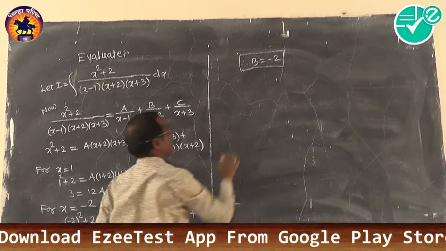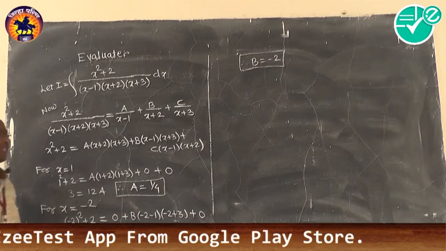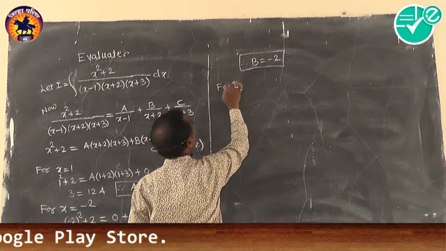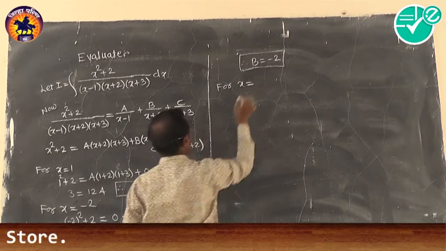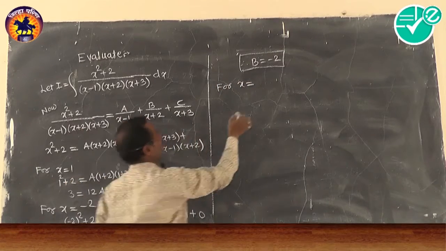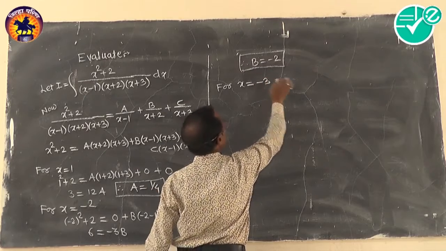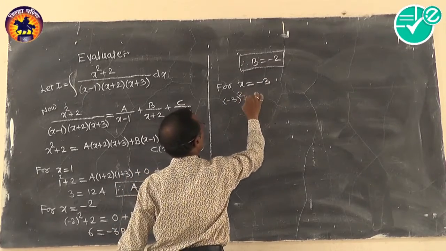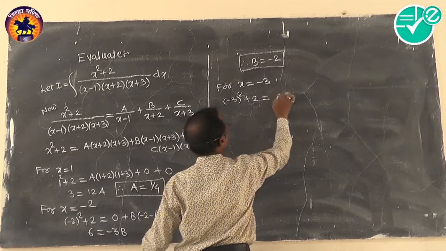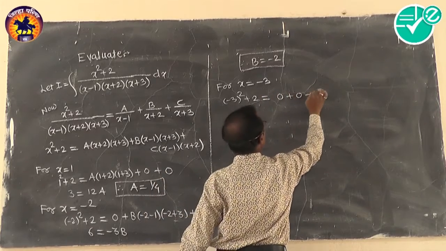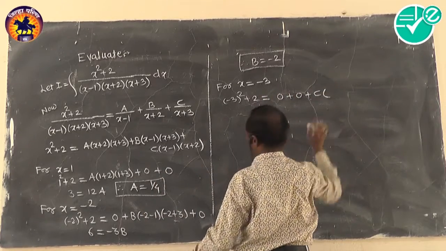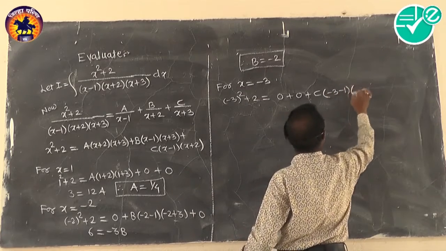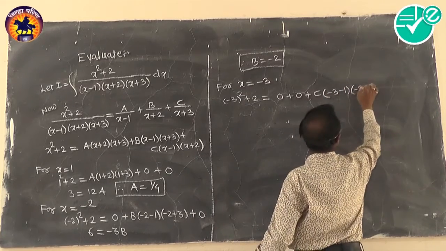Now we want to find the third constant, that is c. So how can we find it? The denominator becomes 0 for x is equal to minus 3. Minus 3 square plus 2 is equal to 0 plus 0 plus c into minus 3 minus 1 into minus 3 plus 2.